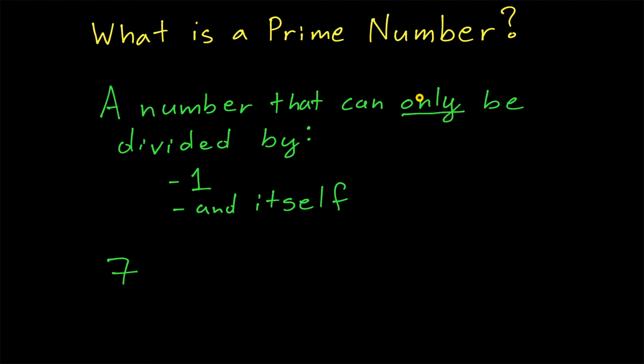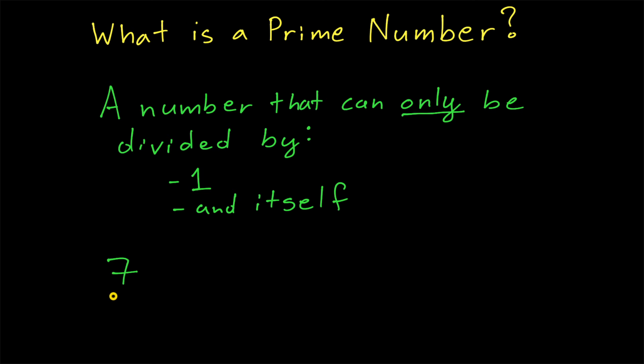Now, can it be only divided by 1 and itself? Well, let's try to divide it by all the numbers between 1 and itself. So let's try to divide it by 2, 3, 4, 5, and 6 to see if this 7 can also be divided by numbers other than 1 and itself. Well, is 7 going to be divisible by 6?